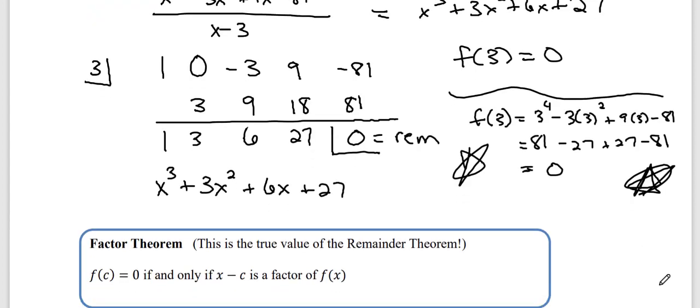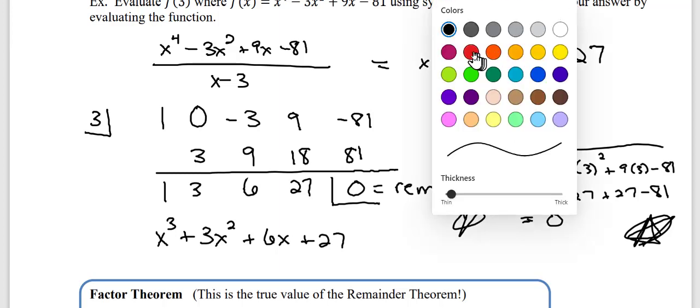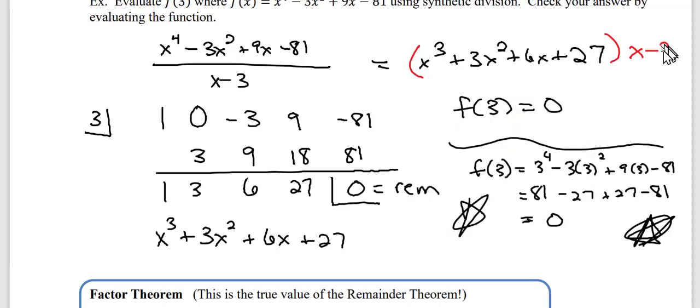The value in this is that when we get a remainder of 0, we know, based on what we talked about before, that we could multiply both sides of this top equation up here by x minus 3, and now we get that this f of x is equal to the product of these two polynomials.